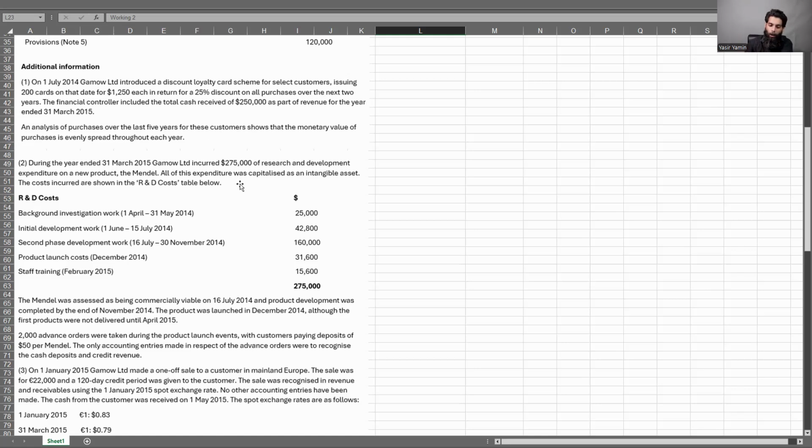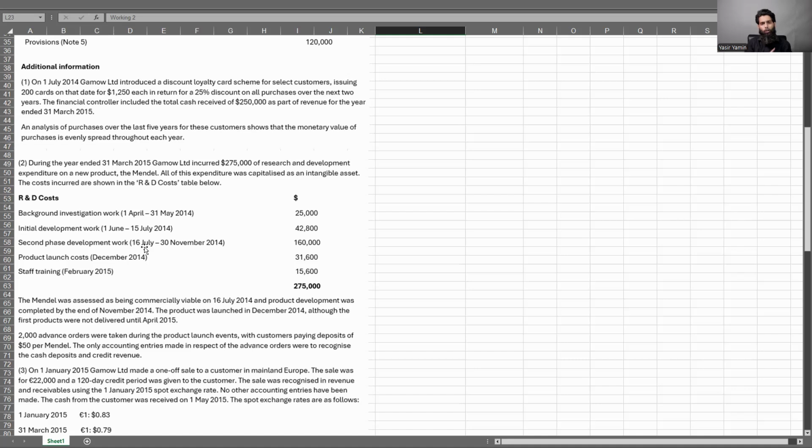You see, the background investigation work is research work. You remember the definition of research? Initial planned investigation to obtain new knowledge. New knowledge is being obtained, so 25,000 cannot be capitalized. 42,800 cannot be capitalized because commercial viability was only apparent on 16th July.